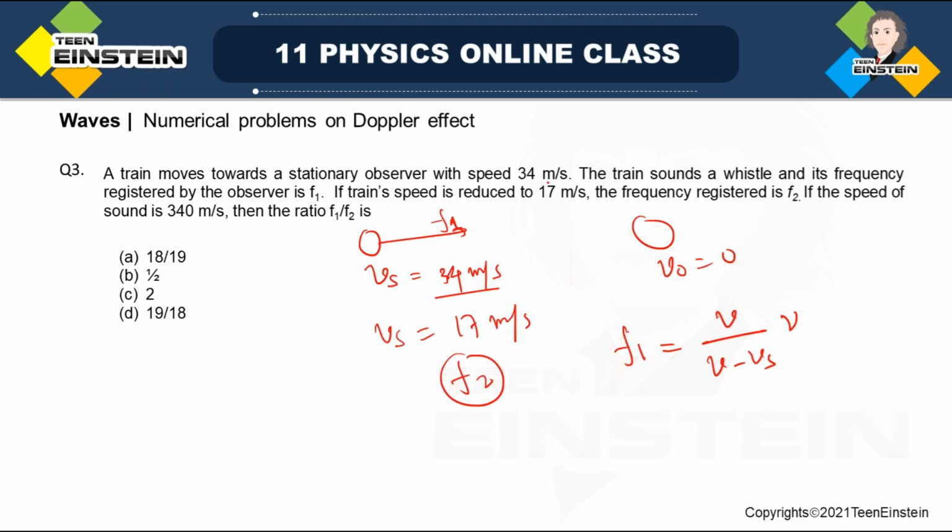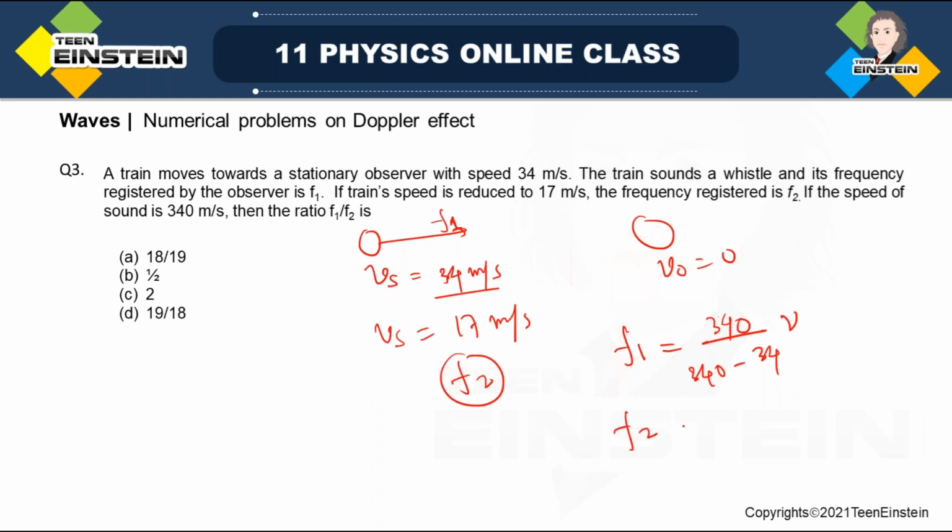So f1 is when vs is 34 meter per second, and in place of v we replace 340 meter per second.